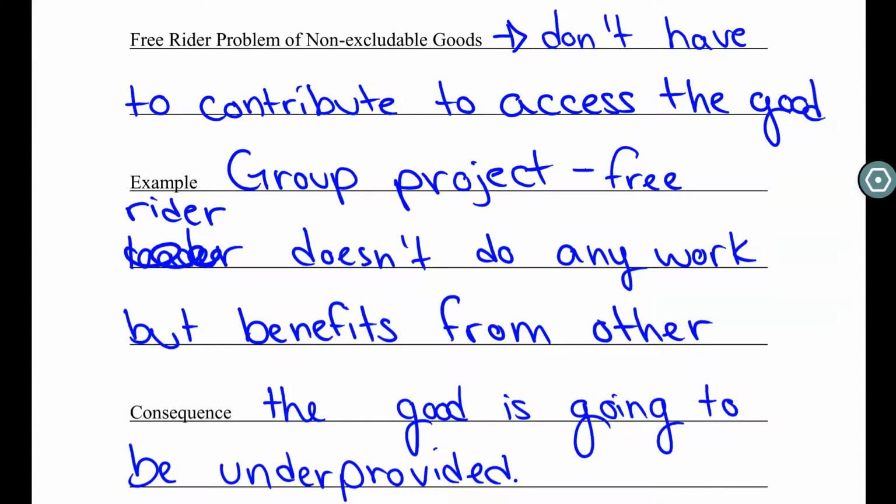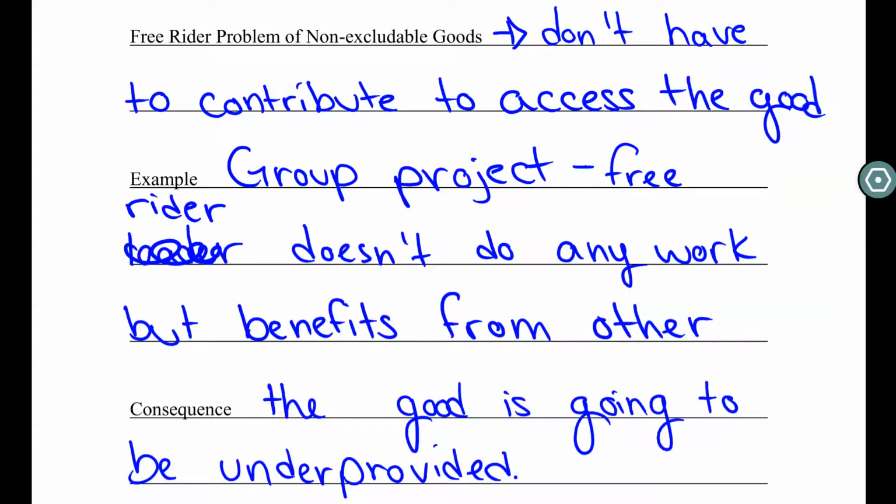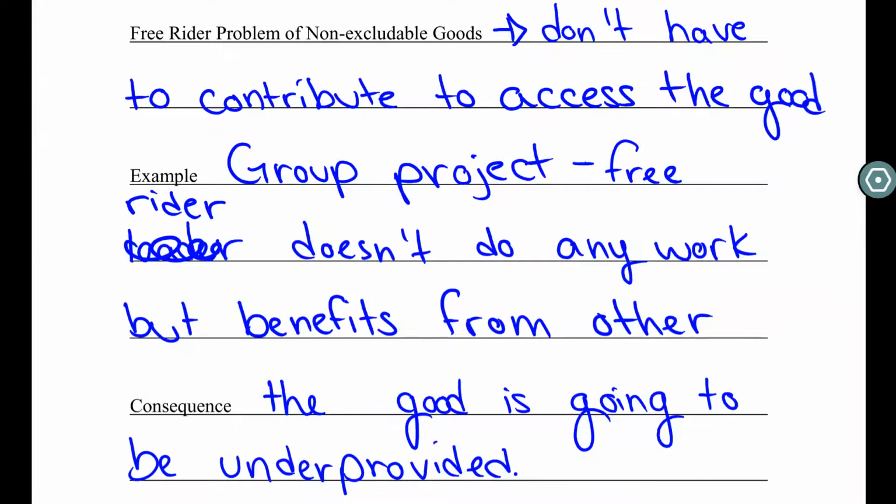One of the group members can benefit from the other people contributing to the group, and it's non-excludable, right? They don't have to pay anything to access it. The consequence is the good is going to be underprovided, which means that since it's getting overused, there's going to be less of it available than there needs to be.